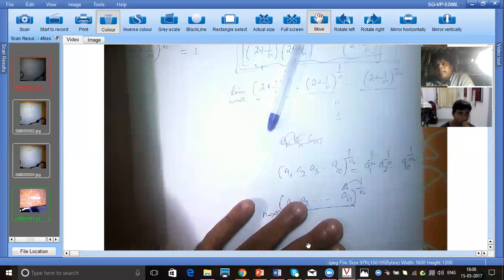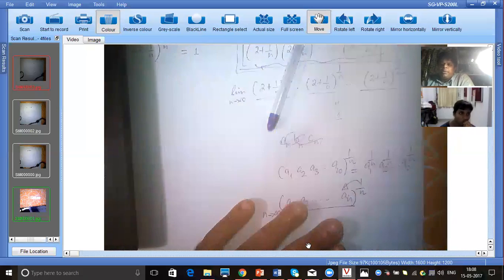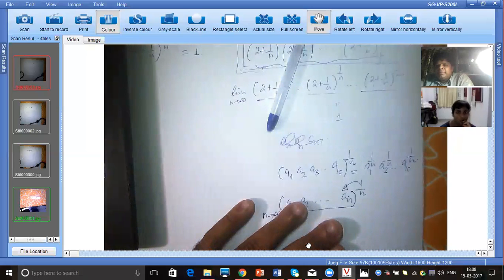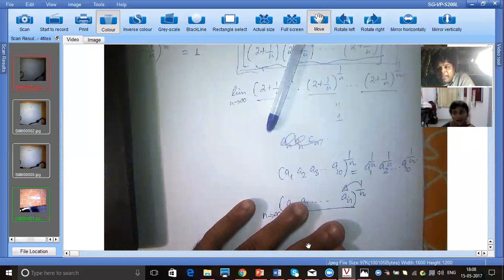So what is the key point that you have learned from this problem? It's lots of things actually. But it is an infinite product. And so the distribution of 1 by n over an infinite product, I don't know if I can distribute it. If it was a finite product, I can distribute it.